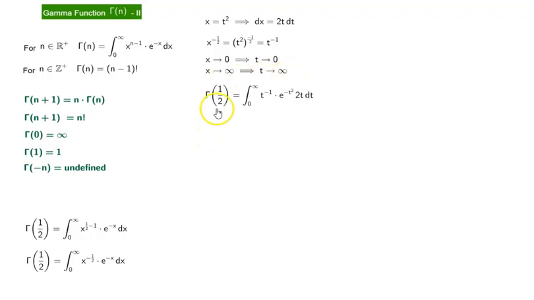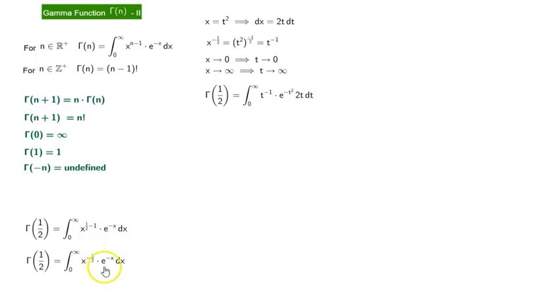So our integral gamma of 1 by 2 is equal to the integral from 0 to infinity of t to the power of minus 1 times e to the power of minus t squared times 2t dt. Now here, let's check. x to the power of minus half is t inverse.